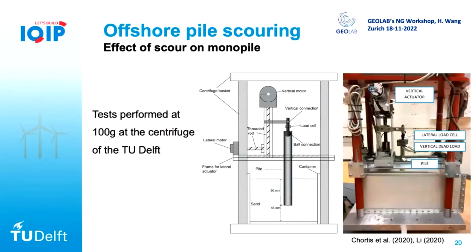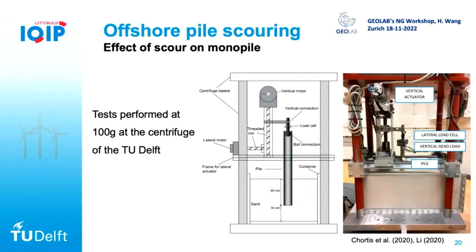At TU Delft, we also studied how the scoured monopile responds, and we did everything in the centrifuge. Here is basically the setup we are using. We have a loading system, and the pile has a length of around 90 millimeters and a diameter of 18 millimeters. It's a very typical monopile aspect ratio.